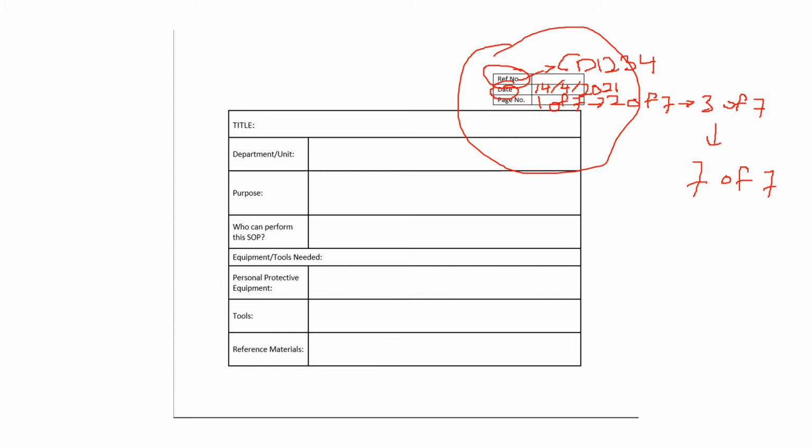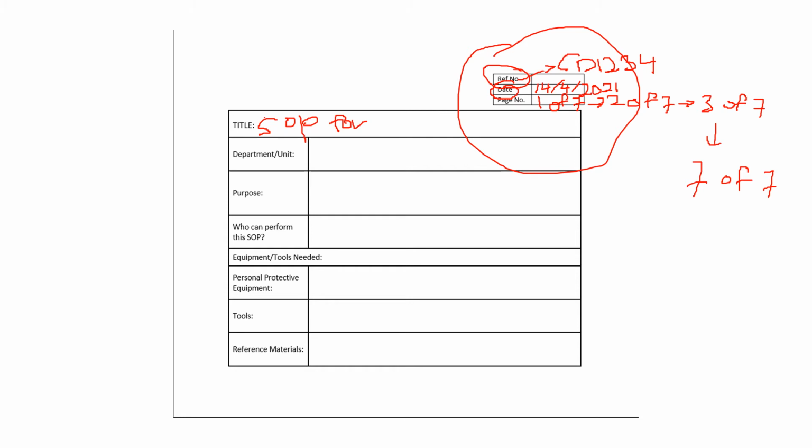For the title here, you just need to write what is the title? SOP for History of underwater tunnel. So based on the activity that you are going to do, this is how you're supposed to write the title.